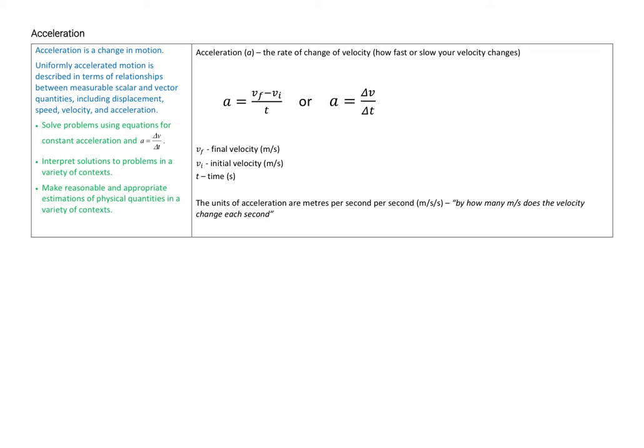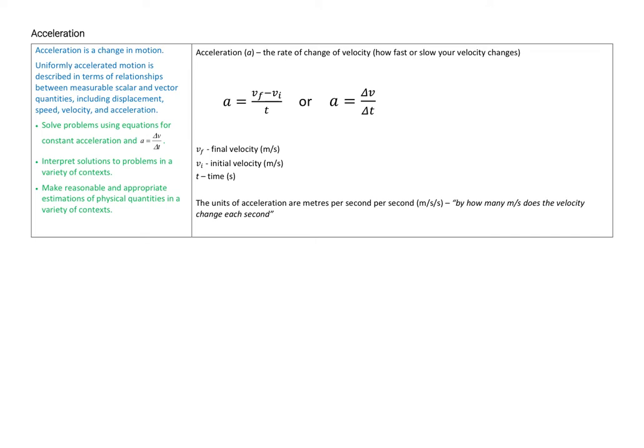And then you would learn that the second derivative, so the slope of the velocity versus time graph, is acceleration. But if you're not doing any high-level maths, don't worry about that. But if you are, that's a good little link to make. But acceleration is the rate of change of velocity.